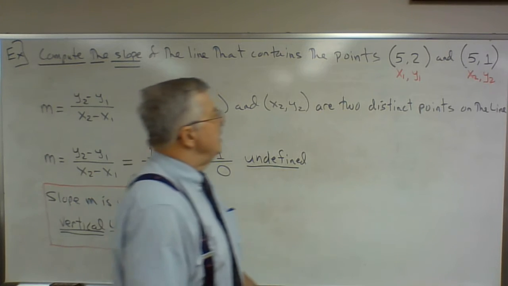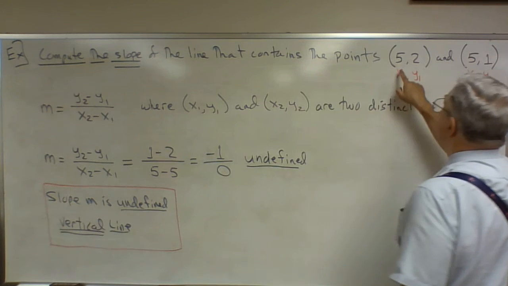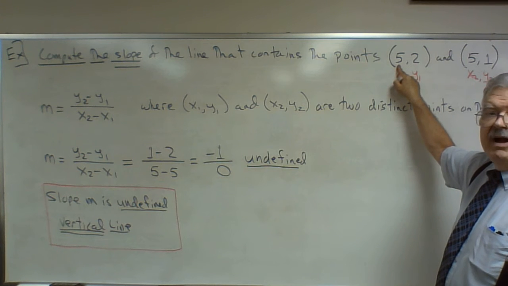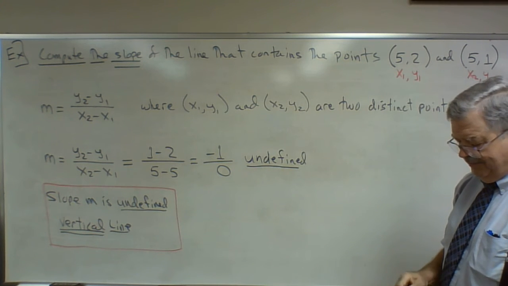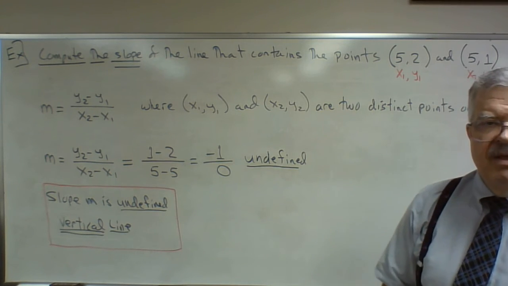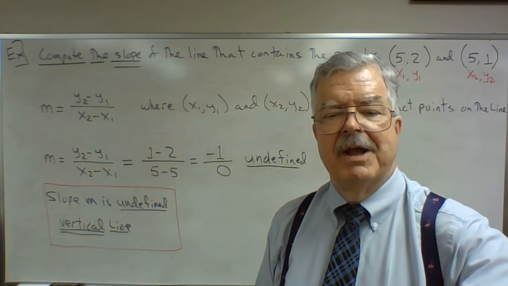It's a vertical line, and it goes through the x-coordinate 5 on the x-axis. Okay? New kind of example coming up.